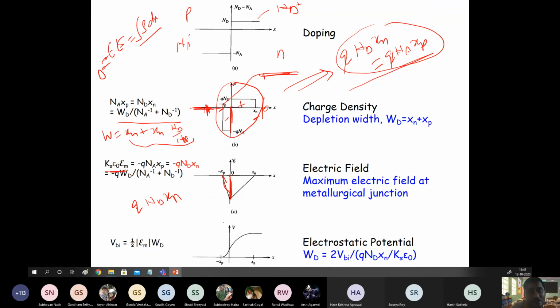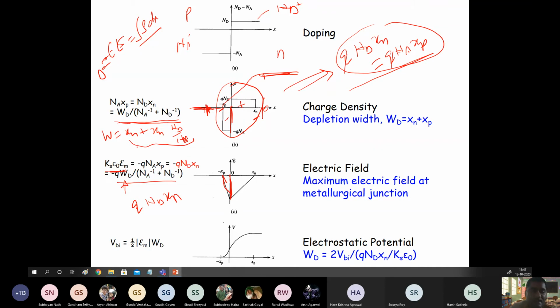From this you can also express the electric field as a function of depletion width, because we know that Na Xp or Nd Xn is WD divided by Na inverse plus Nd inverse. So you can write Q W times 1 by Na inverse plus Nd inverse. So you can get the depletion width in terms of the field.